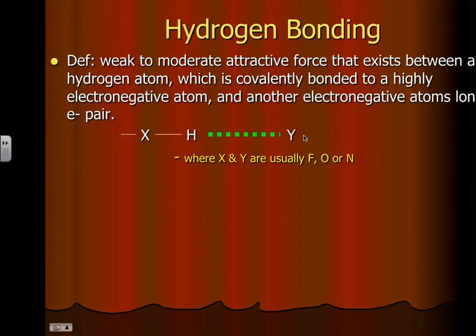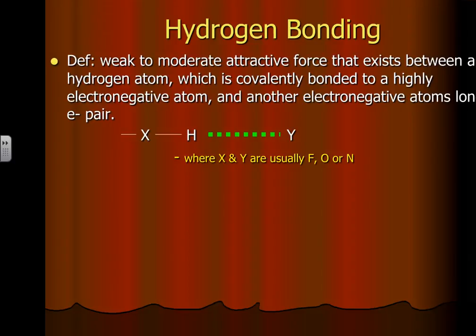So this Y would also need to be a highly electronegative atom with an electron pair on it. The hydrogen would have the partial positive, and then the electron pair would have the partial negative. The thing to really note here in yellow is that X and Y, these highly electronegative atoms, are usually fluorine, oxygen, or nitrogen. These are the ones that you do have to memorize.